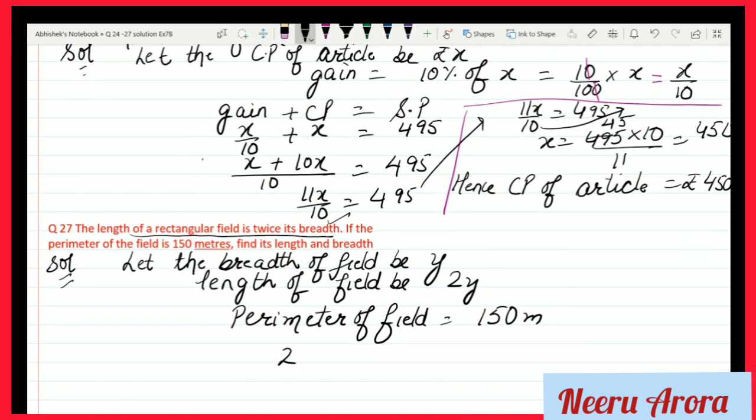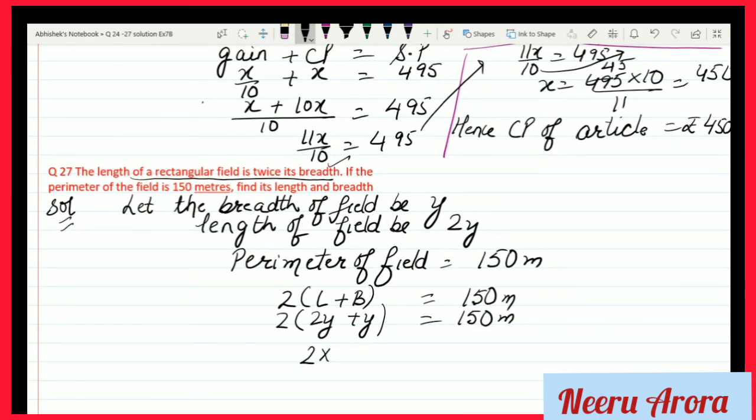So perimeter is 2 into (length plus breadth). The formula of perimeter of a rectangular field is 2 into (length plus breadth). So what's the value of L? L is here 2y and breadth is y. So here it is 2 into 3y is equal to 150 meter. So here it becomes 6y is equal to 150 meter.